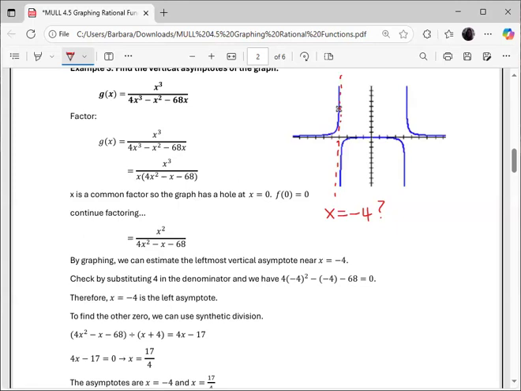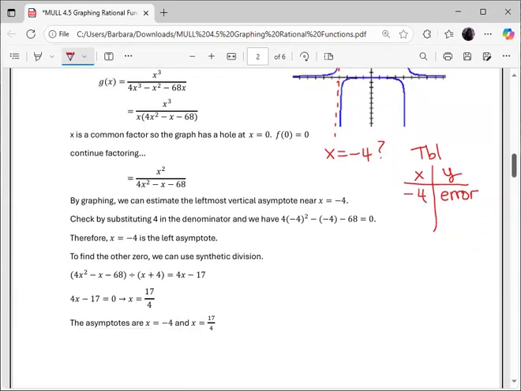You can go to your table of values, and if you have an x of -4, your y may say error, which means that the graph does not cross that point. So that's one way to check.